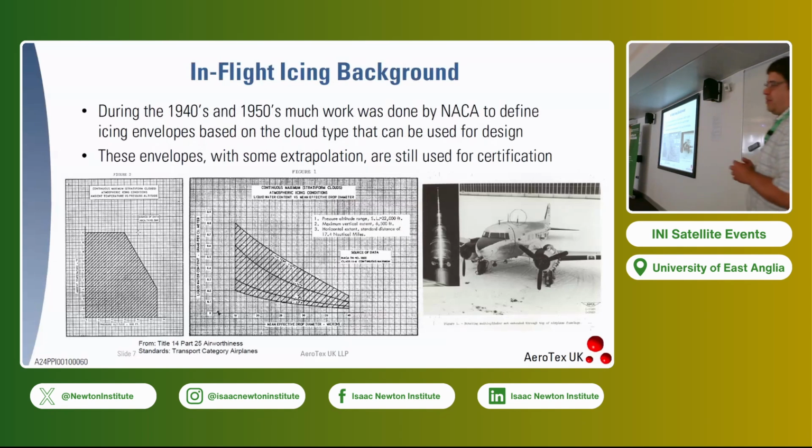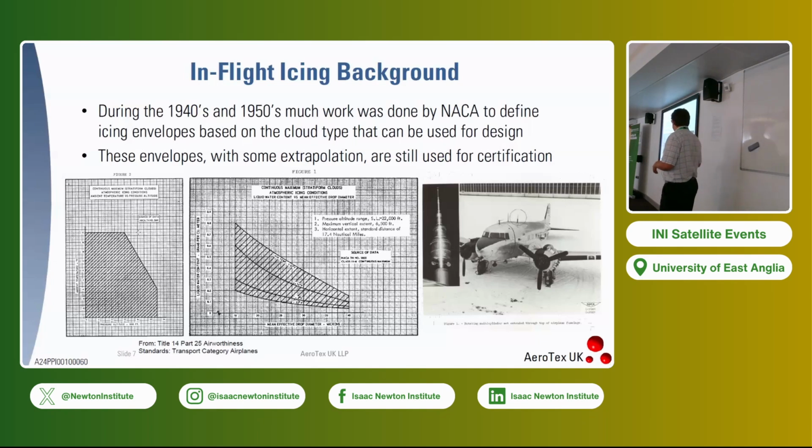But during the 1940s and 50s, NACA, the predecessor to NASA, did a lot to define the icing envelope. You can see this aircraft here. It had a range of cylinders on it. The droplets are generally in the region of 15 to 40 microns. Because of the different cylinder sizes, they would collect ice, and then they'd be able to determine from the impingement what sort of droplet spectra there are in the atmosphere.